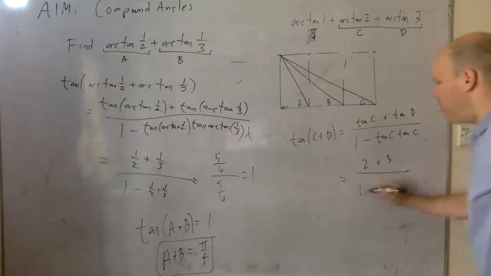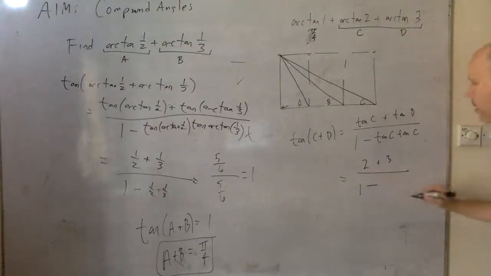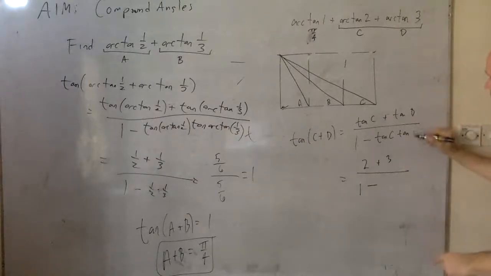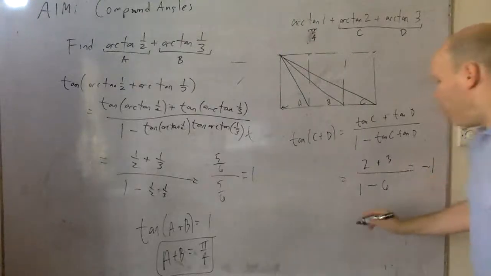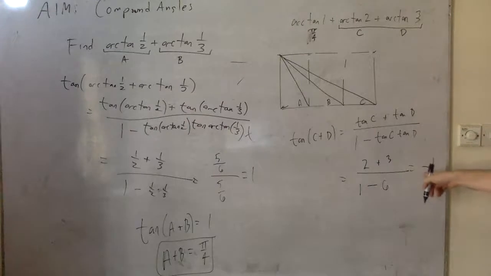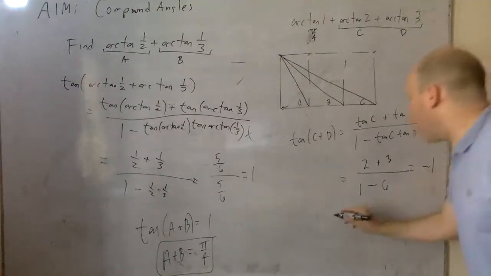Let's see, we have 1 minus 6, so we have -1. That means this is, what is this? So where's the tangent negative?